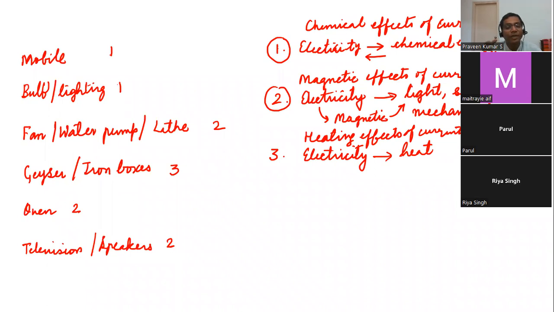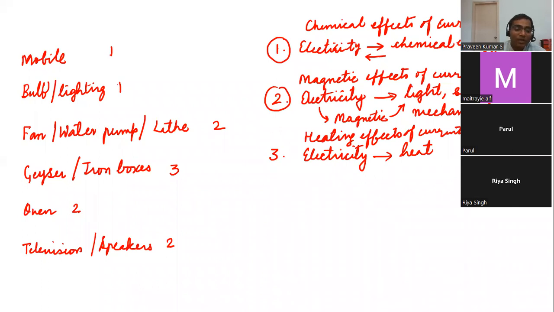Similarly, when you hear sound from a speaker, what is happening there? The electricity is used to convert that electrical energy into a magnetic field or magnetic energy inside a speaker. And that magnetic energy gets transferred into sound waves using a diaphragm.